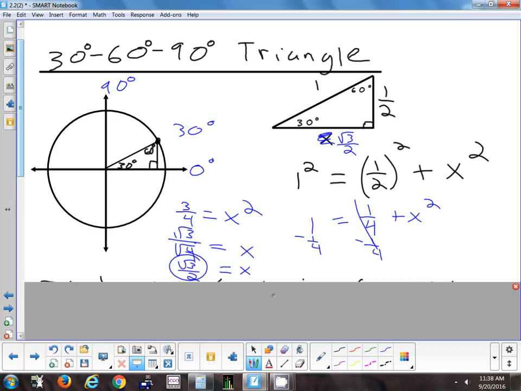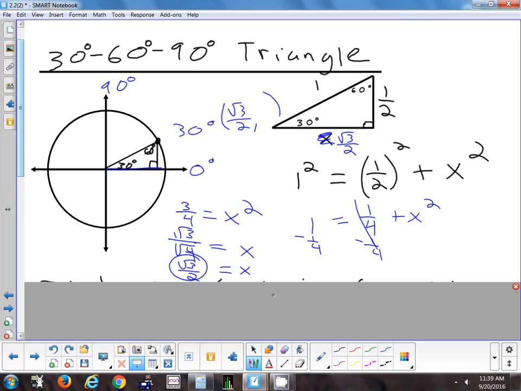And now I know how far to move in each direction. So I should be able to now figure out my coordinate for 30 degrees. Anyone think they could tell me the coordinate for 30 degrees? Yeah, Kyle? Square root of 3 over 2 and 1/2. Yep, square root of 3 over 2. That's the length of the bottom.